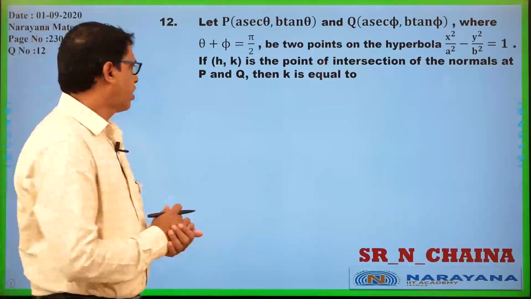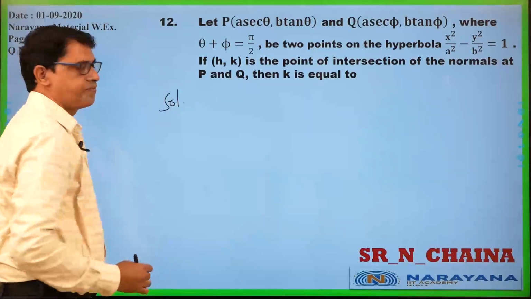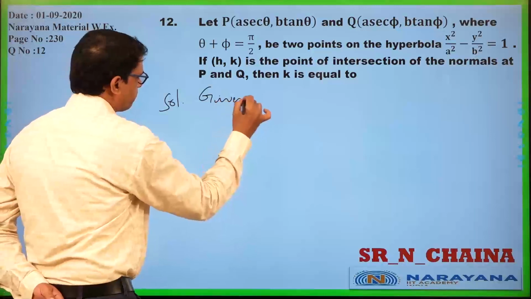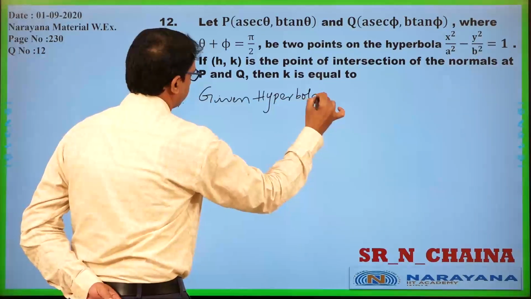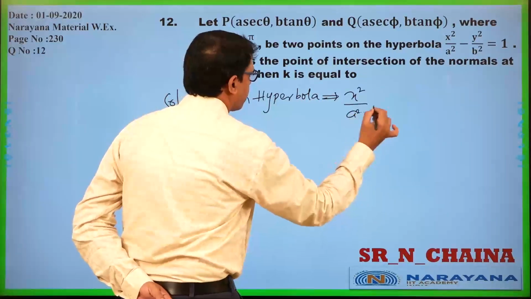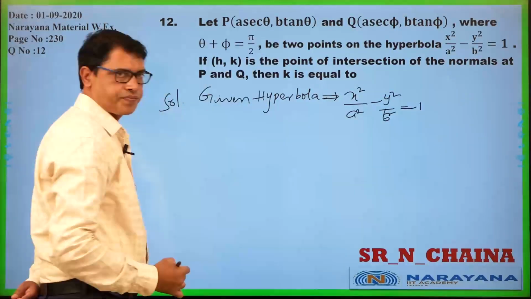Now see the solution. First, the given hyperbola is x square upon a square minus y square upon b square equals 1.